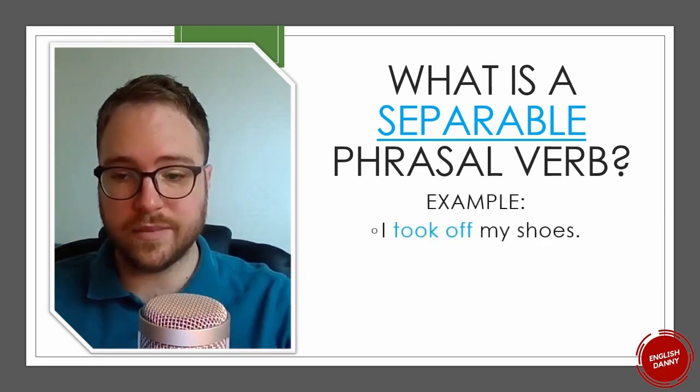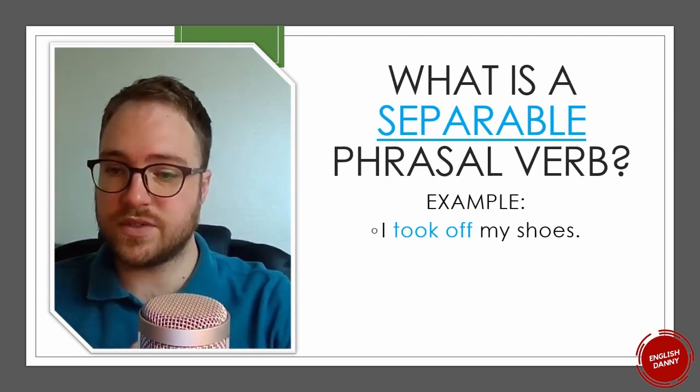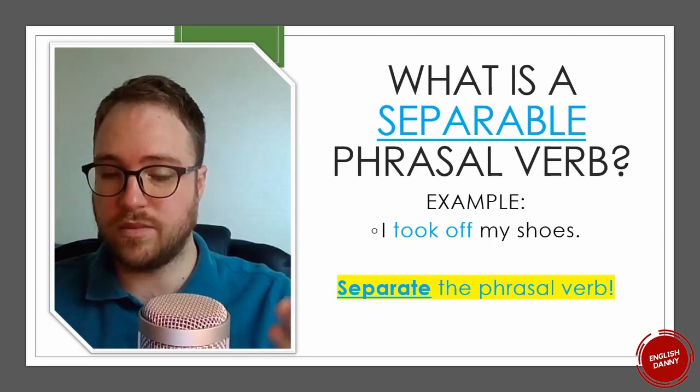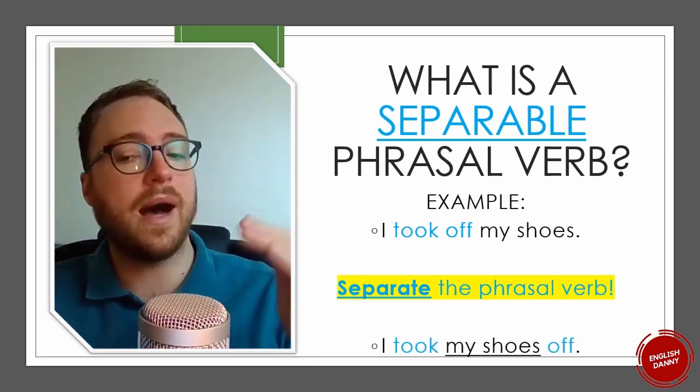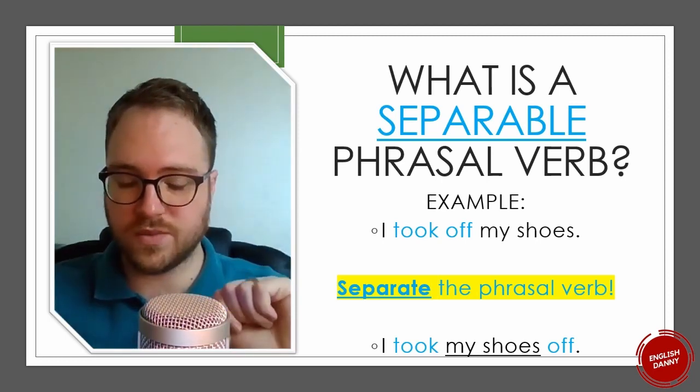Okay, so for example, I took off my shoes. Okay, you can separate the phrasal verb, which is took off. I took my shoes off. Okay, so we separated those words.